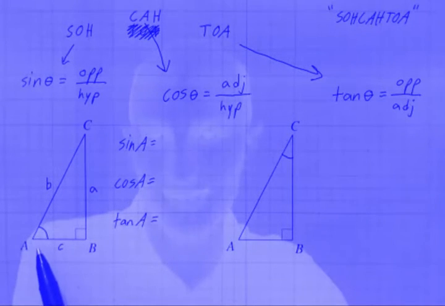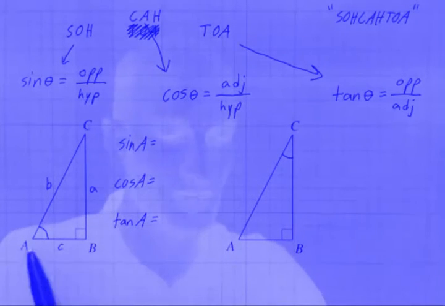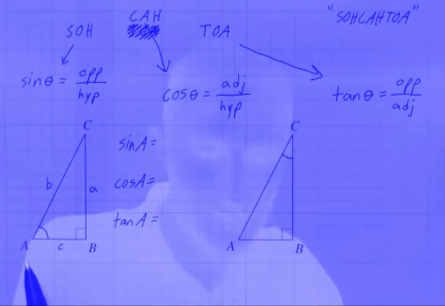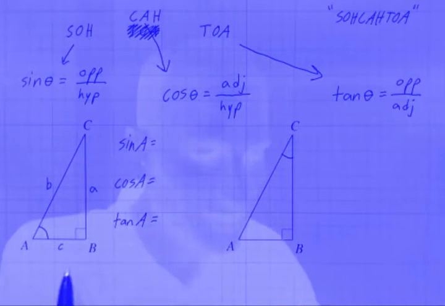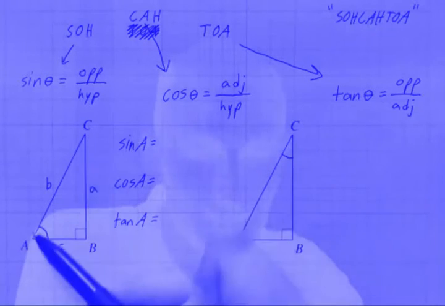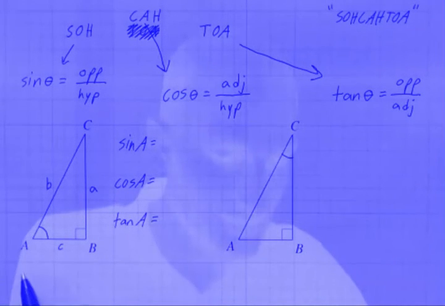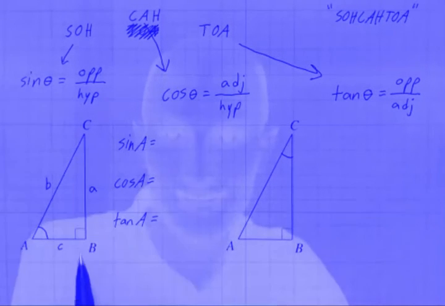Reference angle here is A, we decided. So what is the only side that does not touch this reference angle, A? Well, we know that little c is touching this angle, and little b, the hypotenuse, is touching this angle. So the only side that is not touching angle A is the little side a.